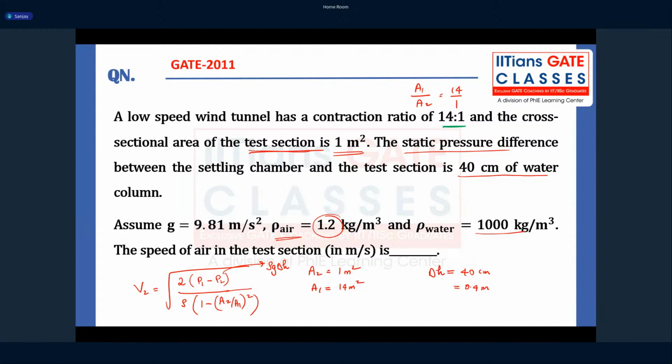Make sure to convert all the units properly. 74.2.